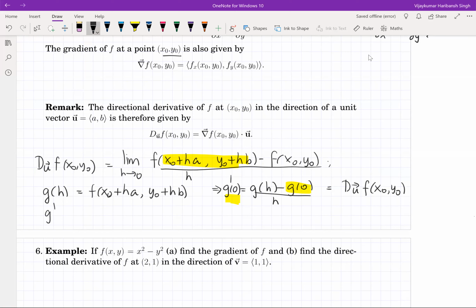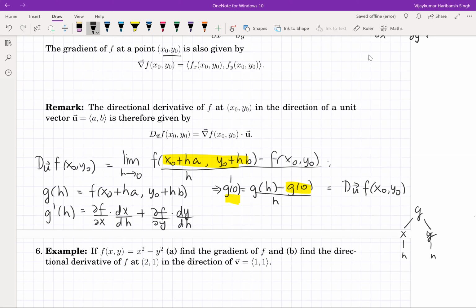Let's compute g prime of h. Now note that it's a function of one variable. So it's going to be the partial derivative with respect to x times dx by dh, plus the partial derivative with respect to y times dy by dh. Now, what is the reason for this? Because your g can be thought of as a function of x and y, and these are functions of h.